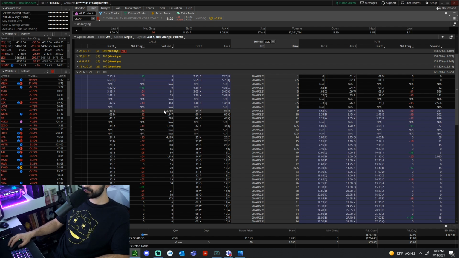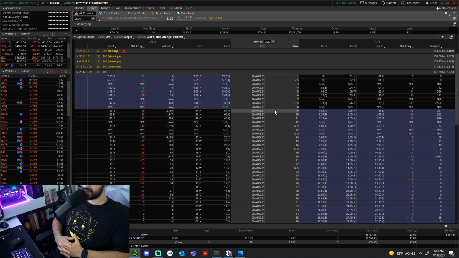It looks like 2,793 transactions happened here, and I believe this data is from Friday. So Friday alone, 2,793 people or one person, it doesn't matter, that's the volume, bought a $9 call. To fully understand what that means, you have to understand that a call option is a contract between you and somebody who agreed to sell you the stock at $9 a share.